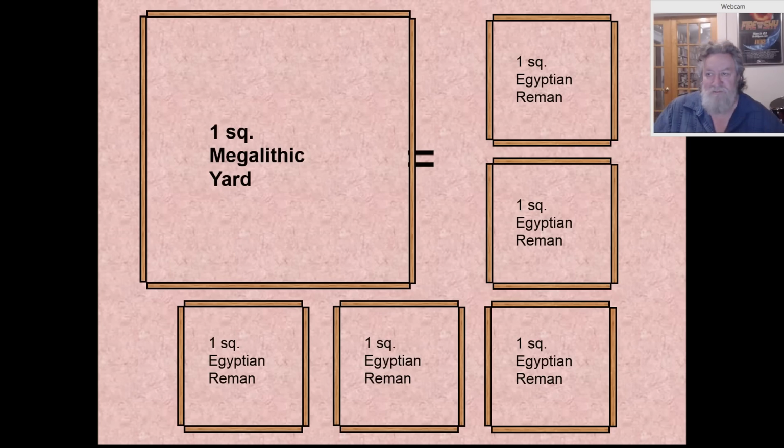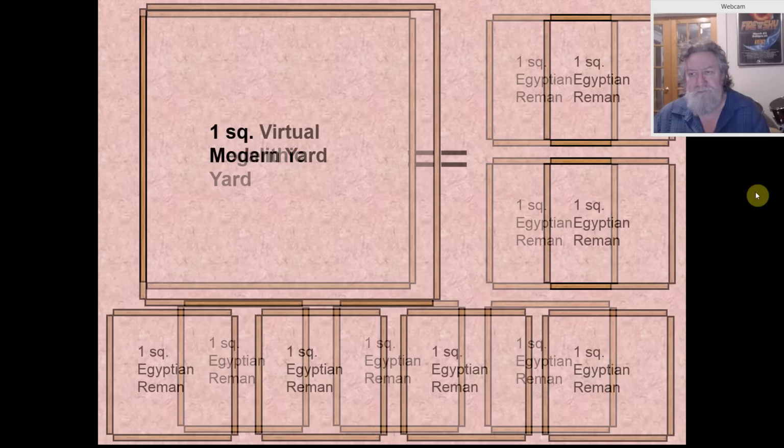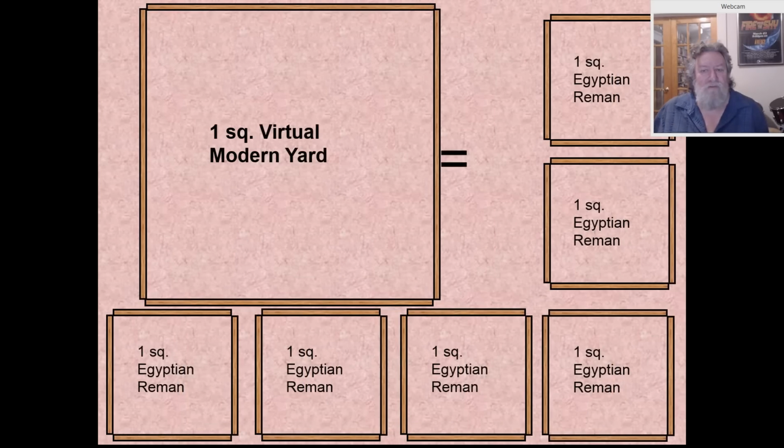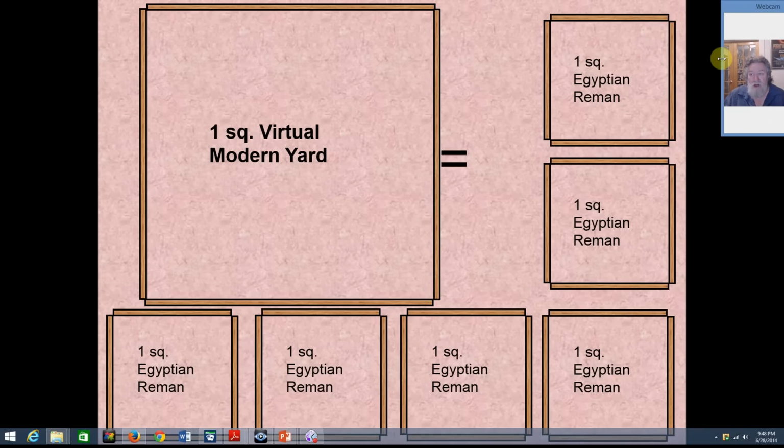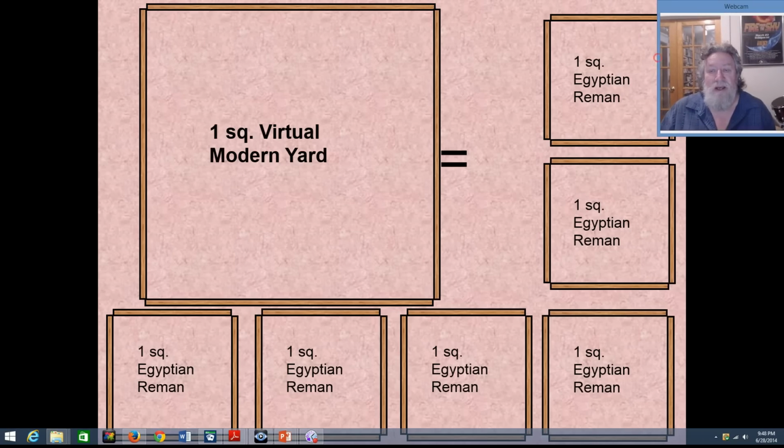Simultaneously, thousands of miles away in Great Britain, you've got architects laying out stone circles and megalithic structures using the megalithic yard, which is directly related by geometry to the Egyptian system of measurement. Finally, one virtual square, I call it a virtual modern yard because it's not quite a modern yard. It's a little bit shy of a modern yard. We look right there, and we see that 1 square virtual modern yard would be equal to 6 square Egyptian Remens in area.